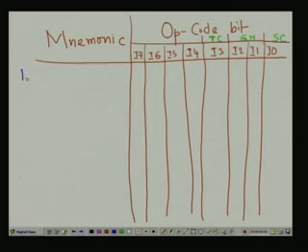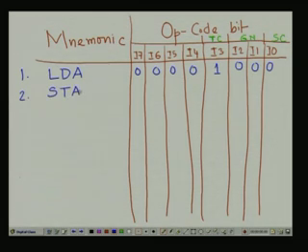Say first I take the load instruction, mnemonic is LDA. For LDA we can set these all as 0 values. As this is an MRI, I3 equal to 1, memory reference instruction, and the remaining are 0, 0. That means this is group 0, subcategory also 0. Similarly, for STA, I4 to I7 are 0, this is a store, again an MRI, and now I give 0, 0, 1, this is subcategory 1.